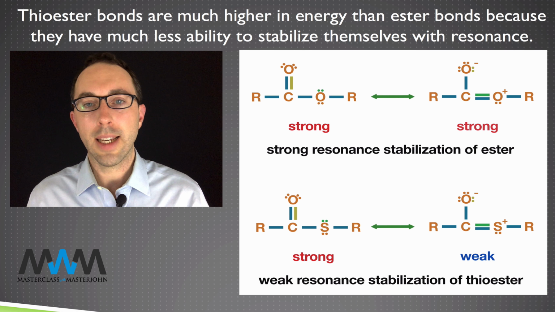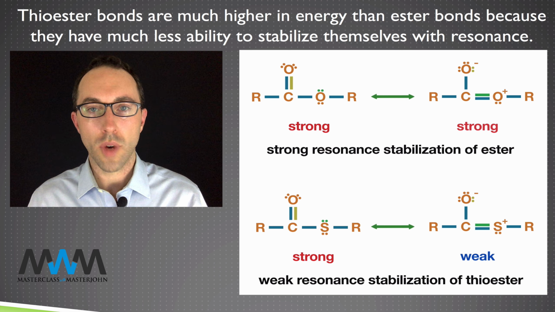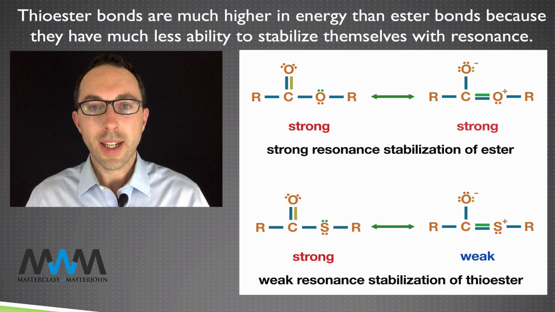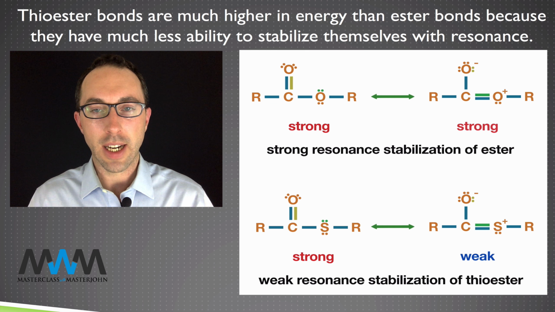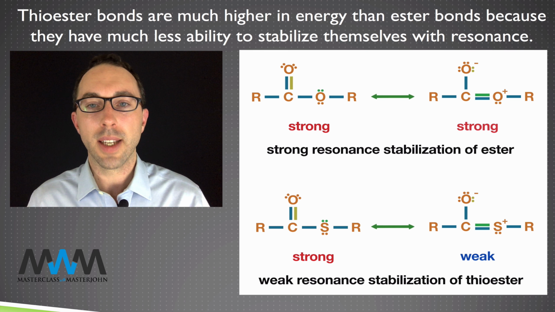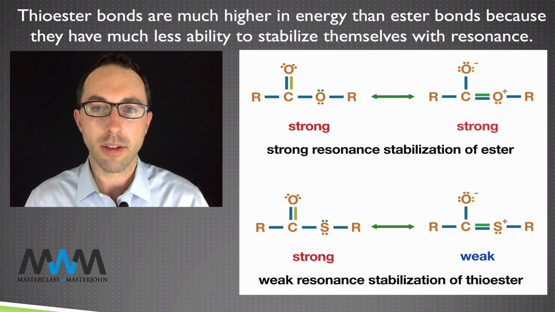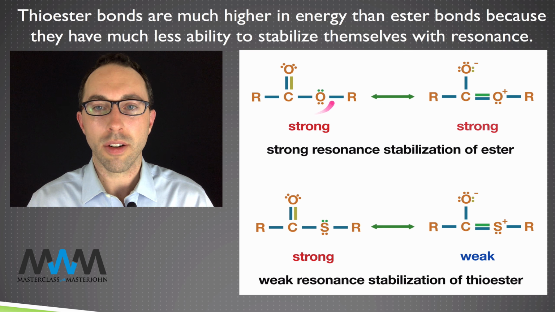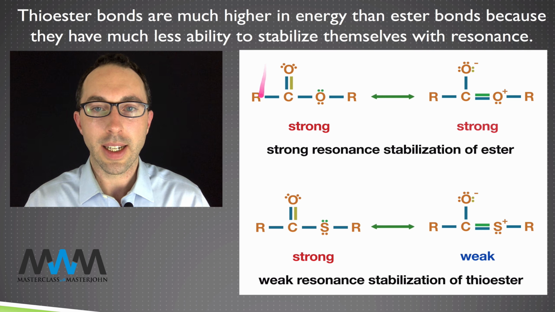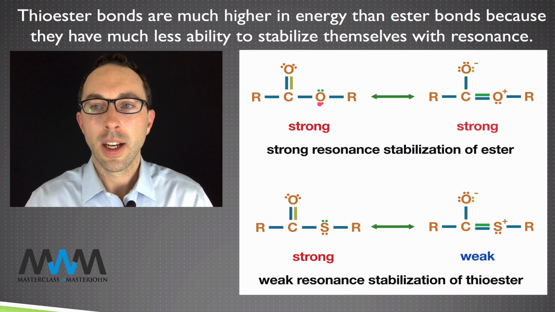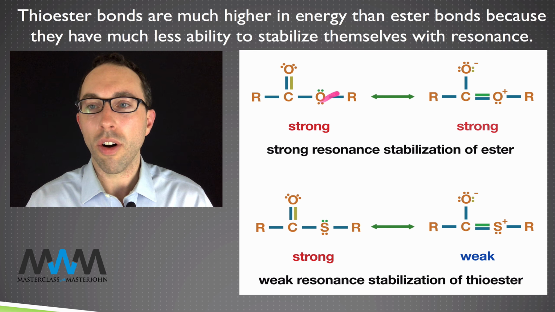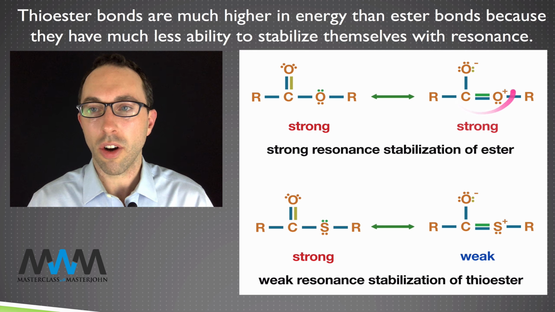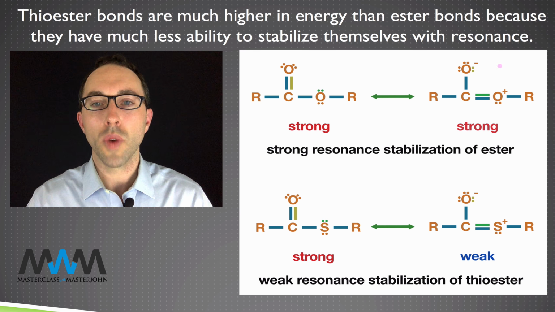Ester bonds are stabilized by a principle called resonance. Resonance is the delocalization of electrons, and the resonance stabilization of an ester is shown at the top of the screen. The predominant configuration of the ester that we just went over in the last slide is shown on the left. The ester can also exist in the configuration on the right, and that's a resonance form.